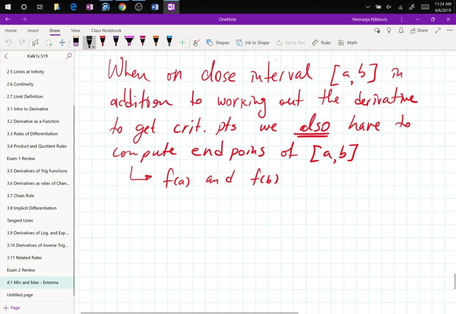You love trig anyway, so let's go with f of x equals sine 3x on the interval negative pi over 4, pi over 3.